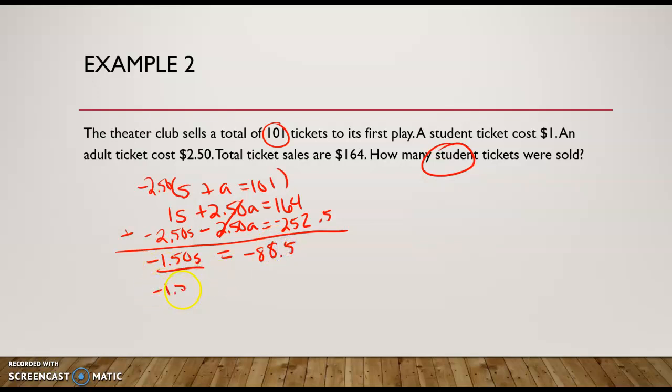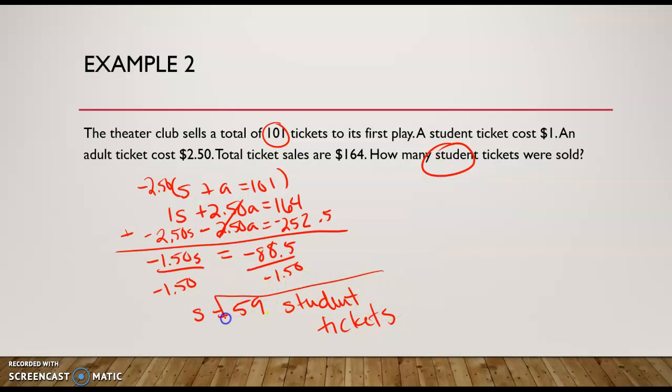Divide by negative 1.50 or 150. And we sold 59 student tickets. And we're done. I don't have to plug it back in because all it wanted to know was student. It didn't care about the adults.